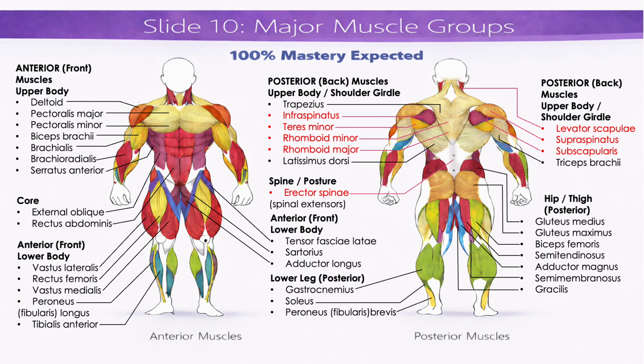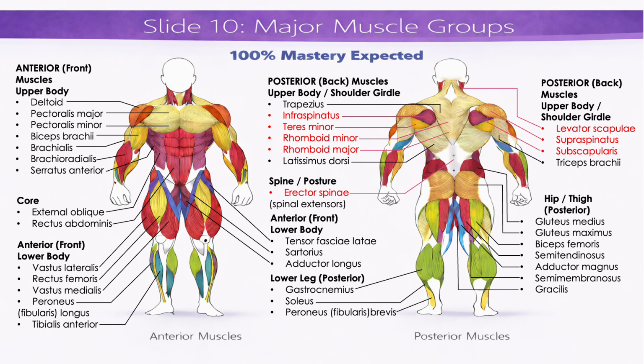In this slide, we are reviewing the major muscle groups of the human body using anterior and posterior views. These muscles represent the minimum applied anatomy knowledge required for safe nursing practice under NCLEX, BRN, and AACN standards.